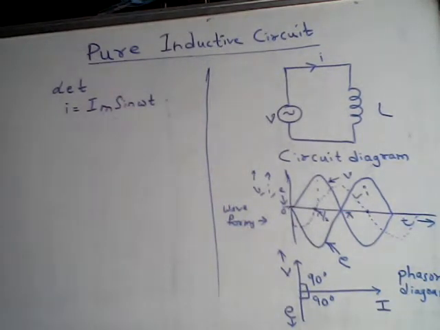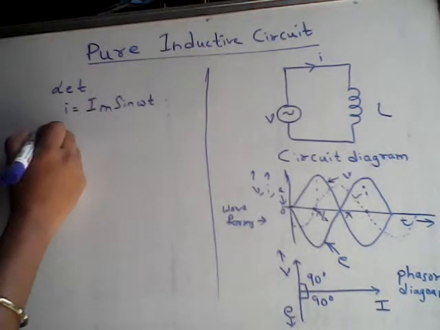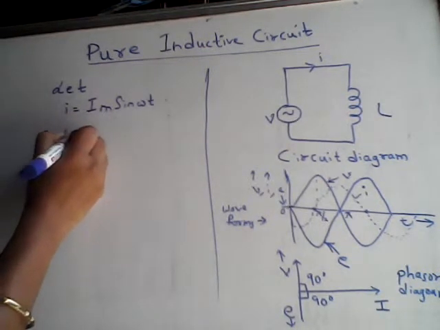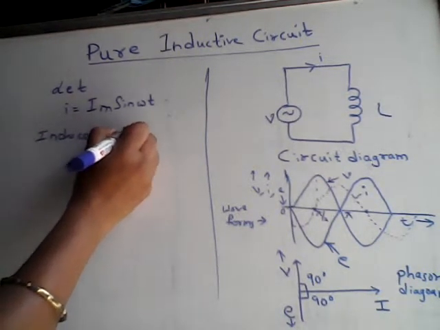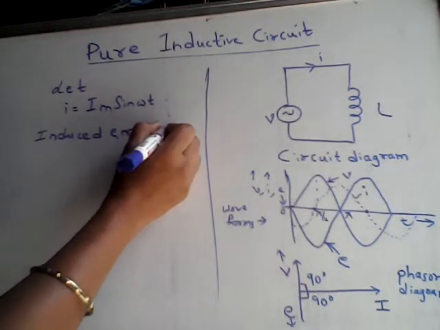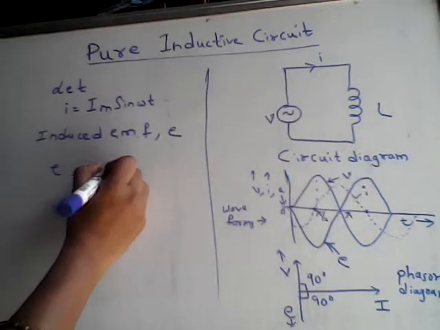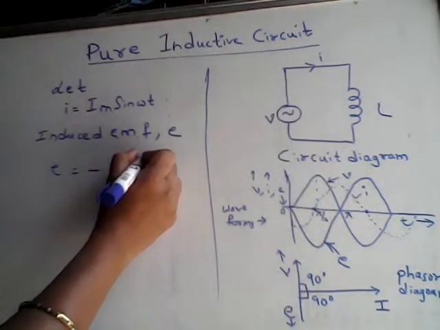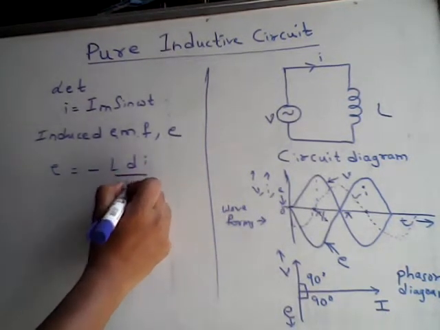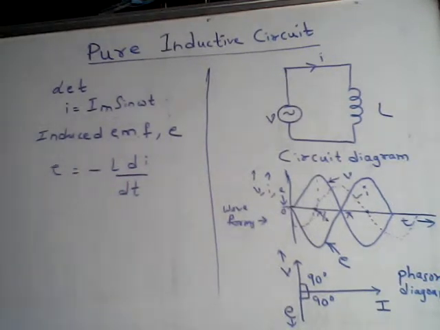Then the induced EMF, small e, is given by small e equal to minus L di by dt. Minus is taken because the induced EMF will always oppose the applied voltage, and it will be in opposite direction.